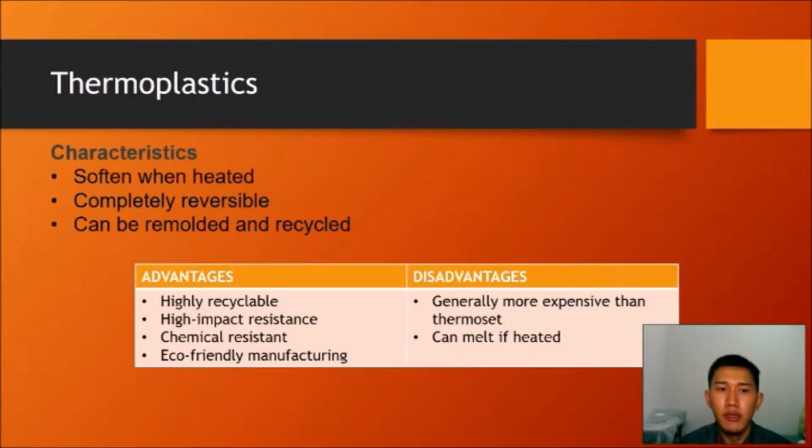Characteristics of thermoplastics are that it softens when heated and is completely reversible, so that it can be remolded and recycled. The advantages are that thermoplastic is highly recyclable, has high impact resistance, chemical resistance, and eco-friendly manufacturing.